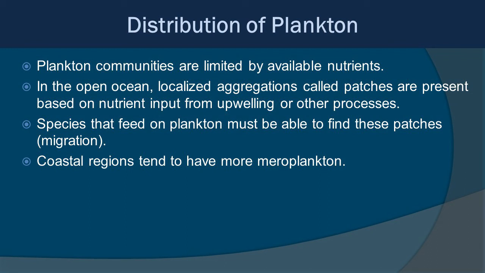So they're going to migrate from one area to the next to locate that. And that can happen seasonally in some regions, but there are also some larger scale changes and shifts that occur as well. And when we look at the composition of plankton in coastal regions, you tend to have more meroplankton in terms of percentage, simply because you've got a lot of organisms that live there and give off planktonic larvae.